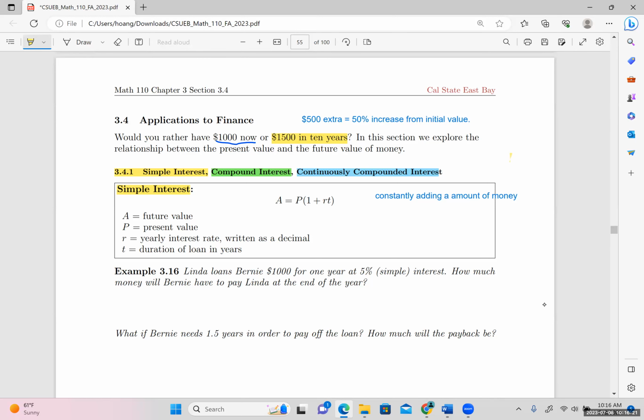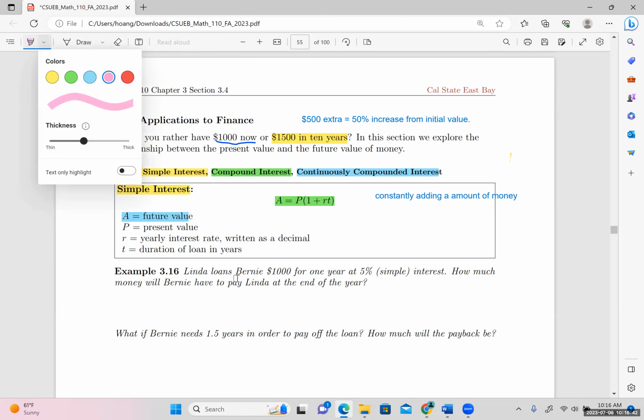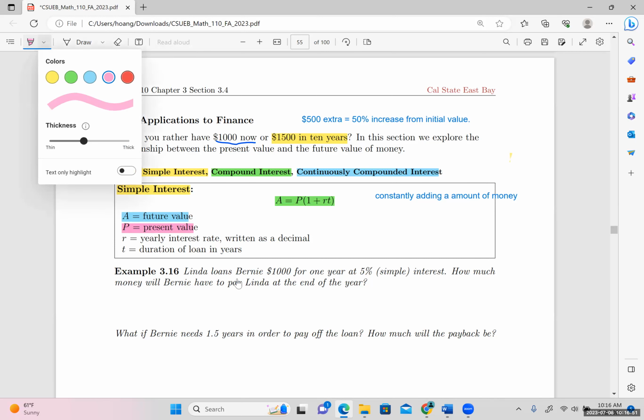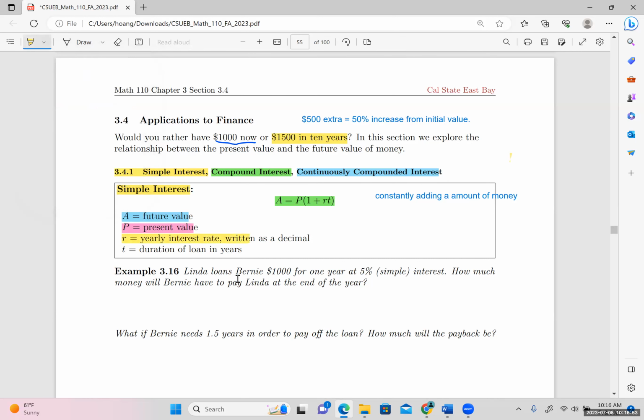Okay, so we have the formula A equals P times (1 plus RT), right? A is the future amount, like in the future, what do you get? P is the present value, the amount right now. And R is the rate, which could be written as a decimal.